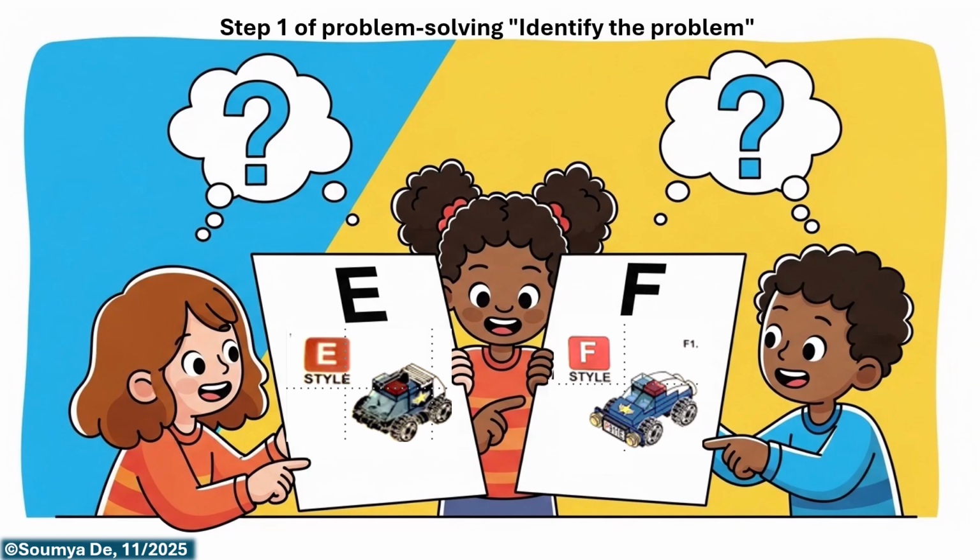Let's start with step 1, identify the problem. In our building block activity, the problem is choosing which model we will build. You will see 2 designs, style E and style F. So ask yourself, which one do I want to make? That's your goal. Once you choose your model, you have identified your problem to solve.